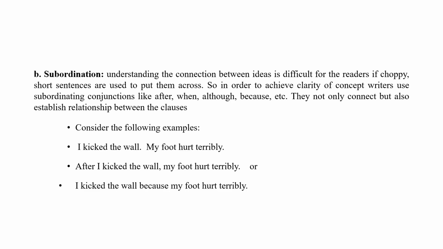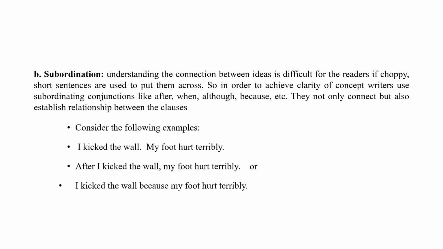Subordination. Understanding the connection between ideas is difficult for readers if choppy, short sentences are used to put them across. So, in order to achieve clarity of concept, writers use subordinating conjunctions like after, when, although, because, etc. They not only connect but also establish a relationship between the clauses.